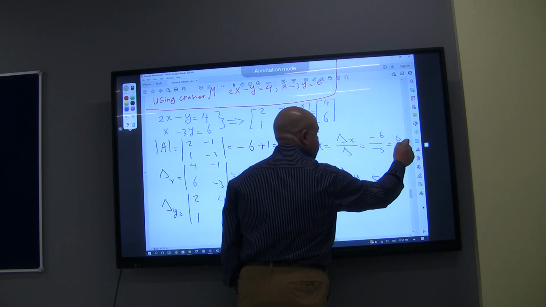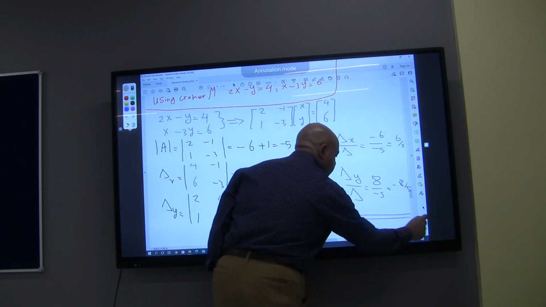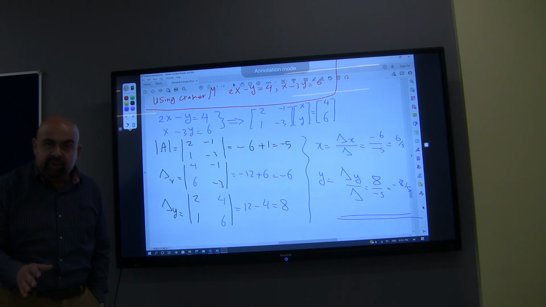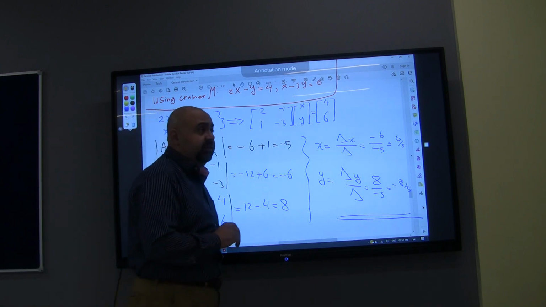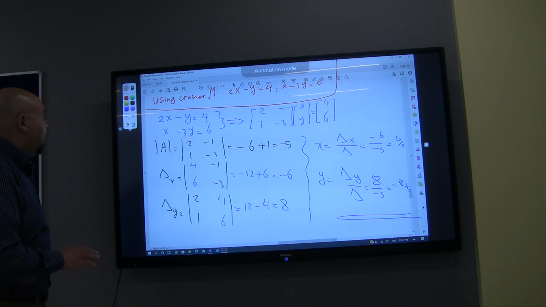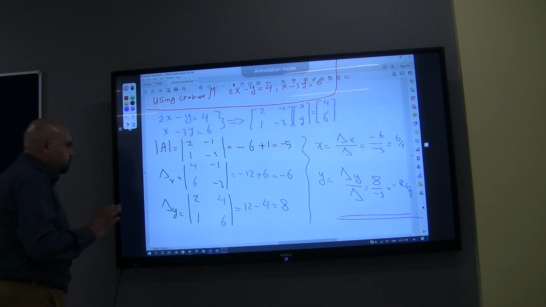This gives x equals 6 over 5, and y equals negative 8 over 5. You succeeded in solving using Cramer's method. As you can see, folks, it's very very simple, easy to handle, and has no complications whatsoever. Perfect.